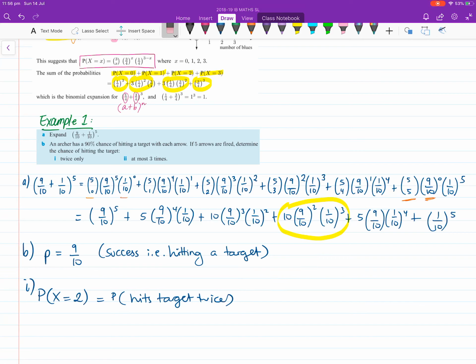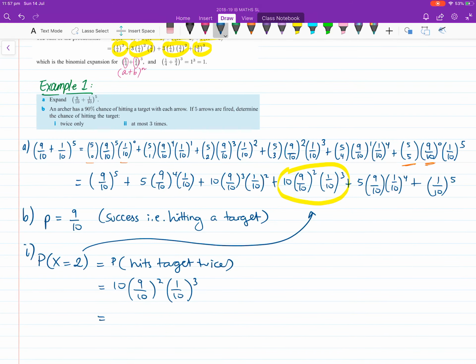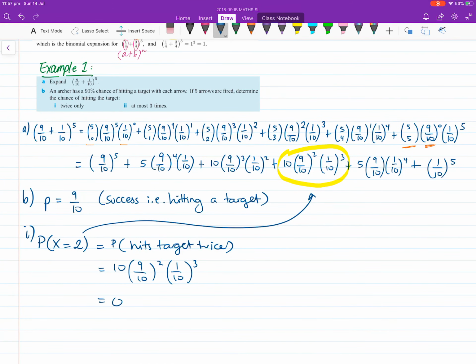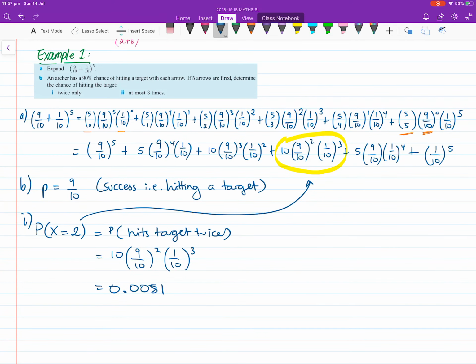Okay, so I'm going to improve that arrow. And so we just need to put in the calculator 10 times 9/10 squared times 1/10 to the power of 3. And just going to put that in the calculator, and we should get 0.0081. Very small probability of hitting it twice only.